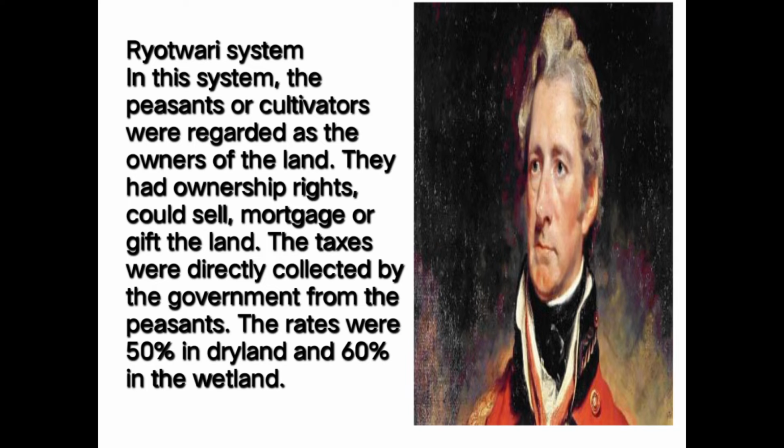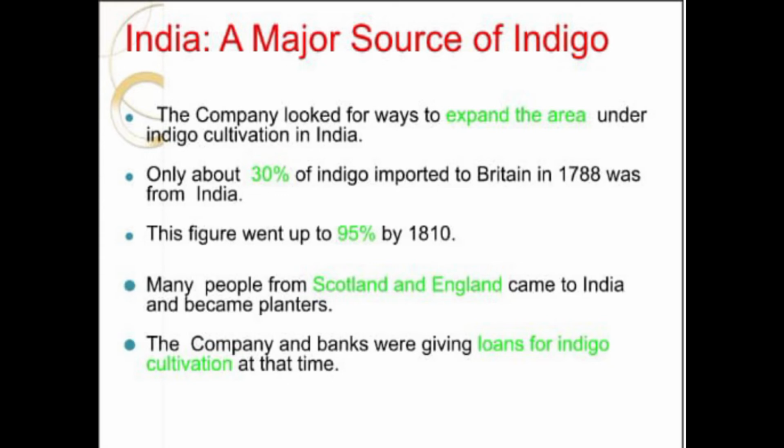They had the ownership rights. They could sell or mortgage or gift the land. The taxes were directly collected by the government from the peasants. The rates were 50% in dry land and 60% in wetland.